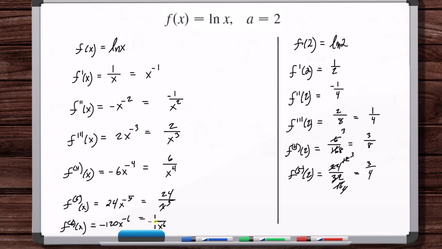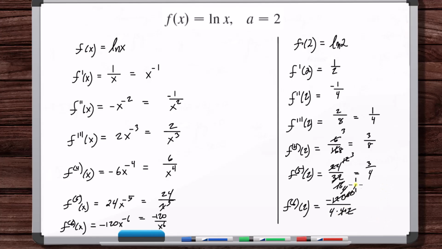So okay, let's see. 2 times 2 is 4. 2 times 2 is 4. Okay. 120 divided by 2 is 60. 60 divided by 4 is 15.